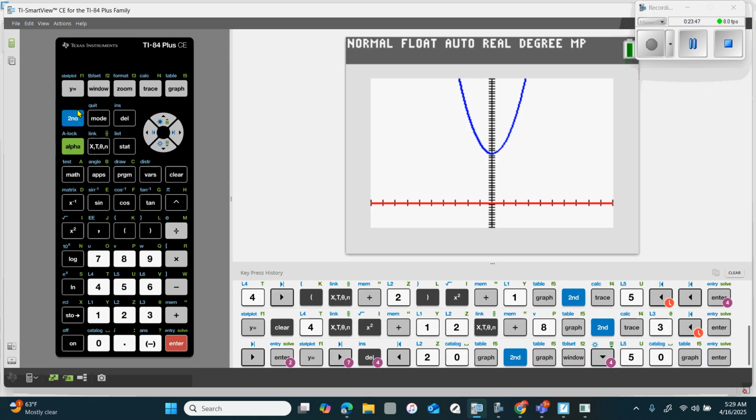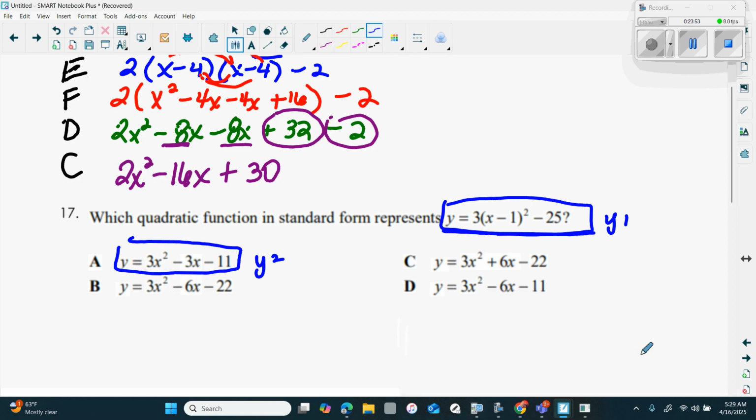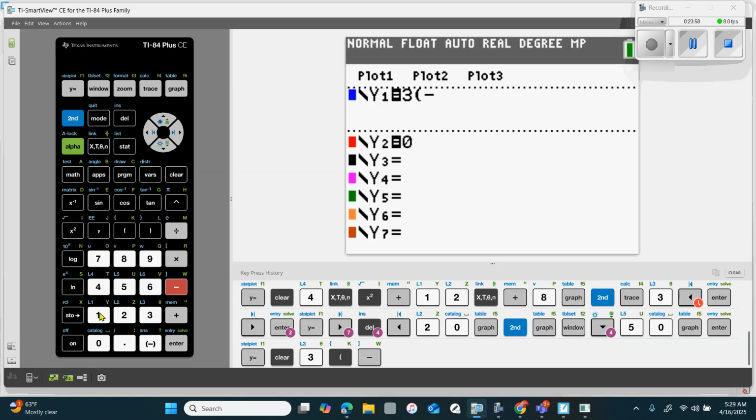If I go to y equals here, we're going to do 3 parentheses. Oh, sorry, I forgot that we have minus 5 and 25. So that's 1 parentheses squared. Oops, I forgot my x. Go back.